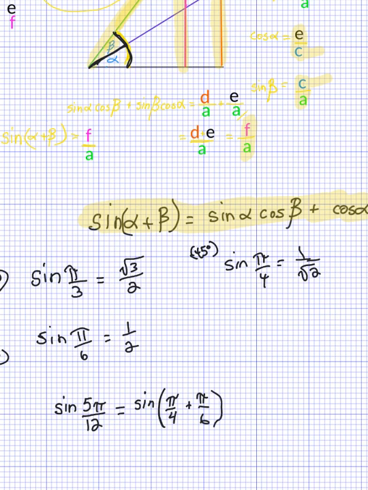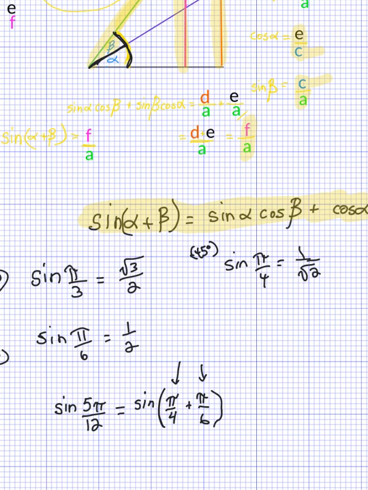You can kind of verify that. Pi by 4 is the same as 3 pi by 12, and pi by 6 is the same as 2 pi by 12. That is equal to 5 pi by 12. I could have written 3 pi by 12 and 2 pi by 12 here, but I think this is nicer because we recognize it.